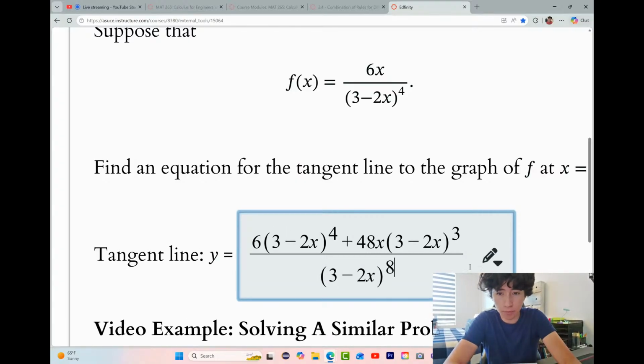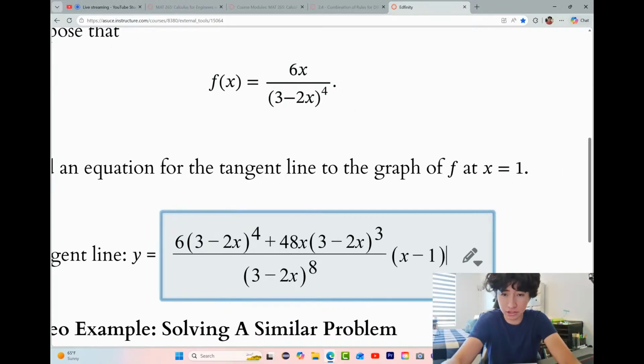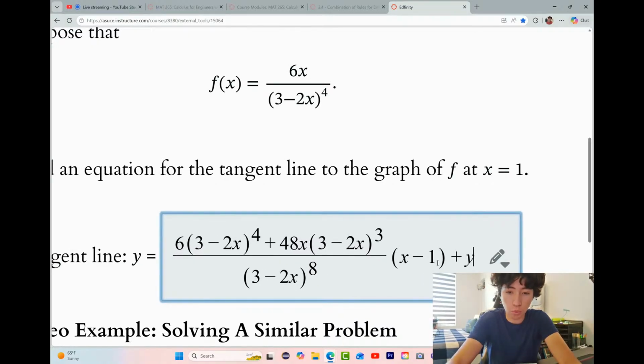And that's our slope. And then we do x minus 1, because x equals 1, so x minus x1, and then plus y1.